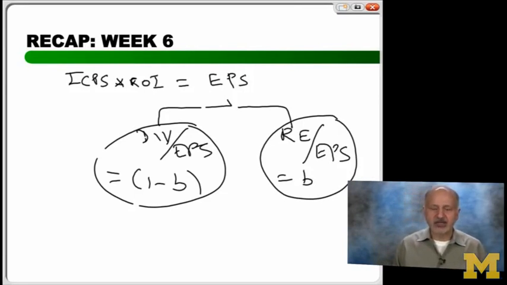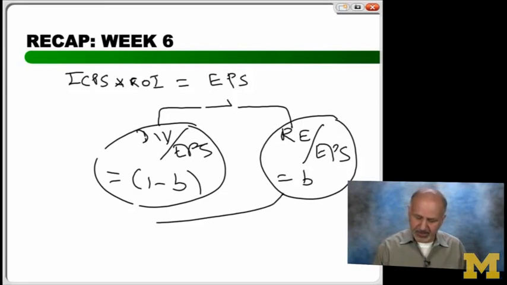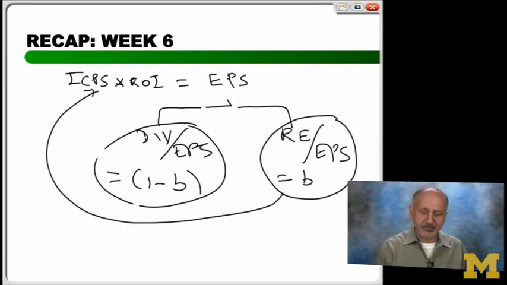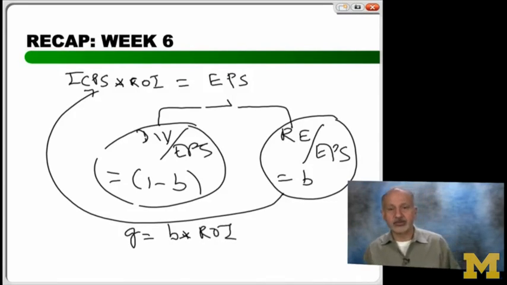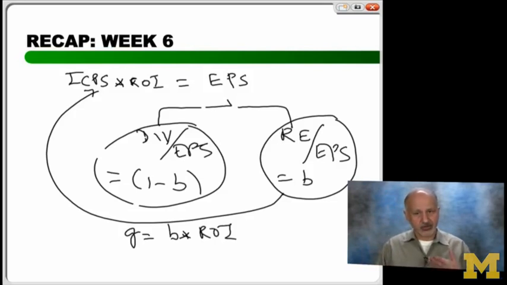Why did we do this? To understand then what happens. This part goes and replenishes your capital stock, and therefore you are allowed to grow. B times ROI is your growth, where the return is on your new investments and B is the fraction of cash flows from previous investments that you choose to invest.